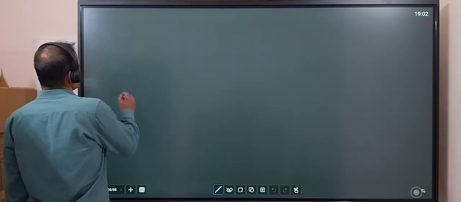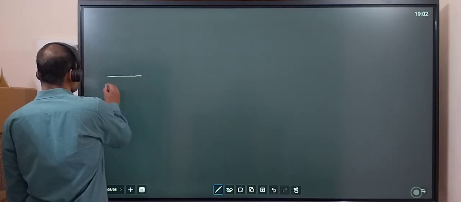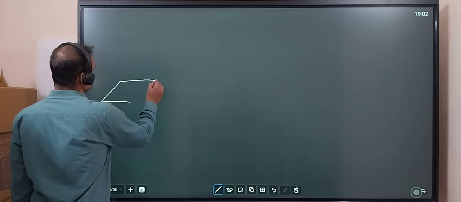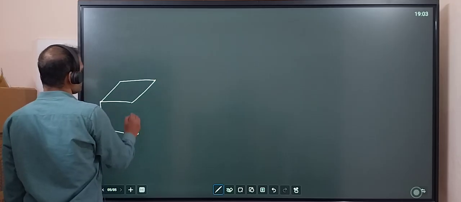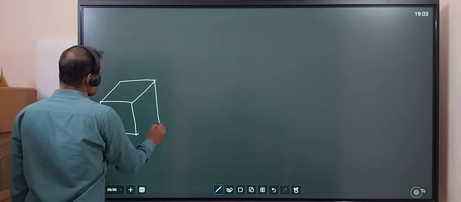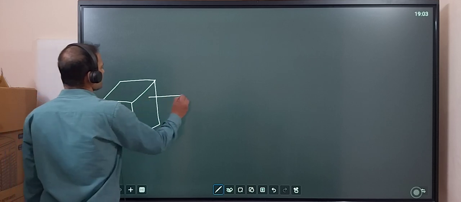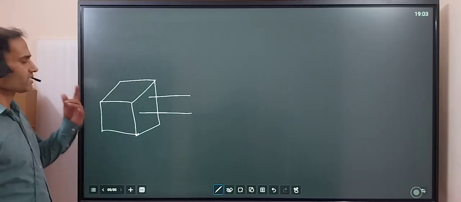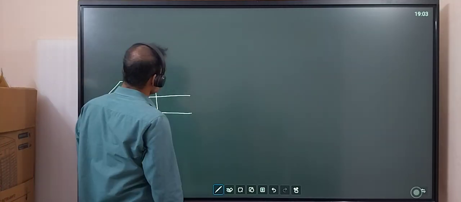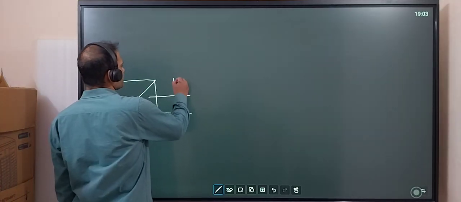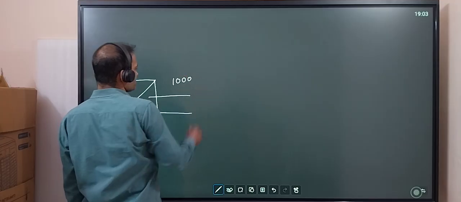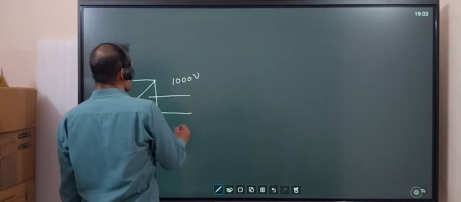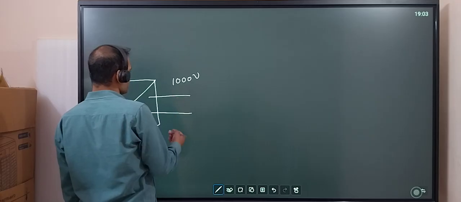Let us say we have a generating station, and this is giving us current. Let us say this current has a voltage of 1000 volts, and the current is very high.